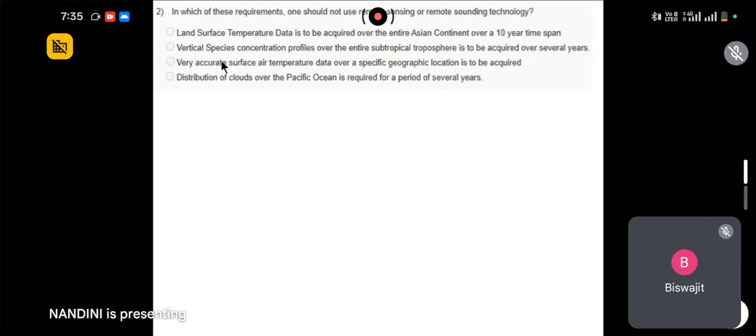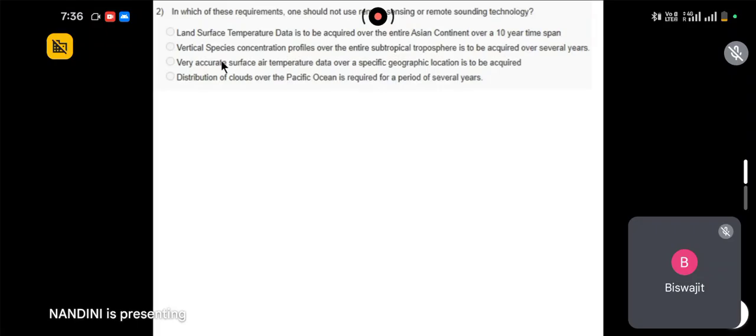The first one is land surface temperature data to be acquired over the entire Asian continent over a 10-year time span. The second one is vertical species concentration profiles over the entire subtropical troposphere to be acquired over several years. The third one, very accurate surface temperature data over a specific geographic location is to be acquired.